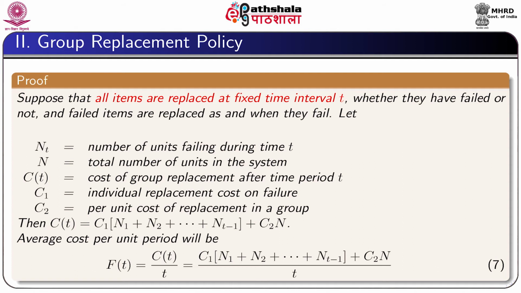And then in the tth period, the group replacement is done. So, all N units are replaced at the cost of C_2 per unit. So, C_t equal to C_1 into (n_1 plus n_2 plus dot dot dot n_{t-1}) plus C_2 into N, and therefore, the average cost per unit period is F_t equal to C_t by t.